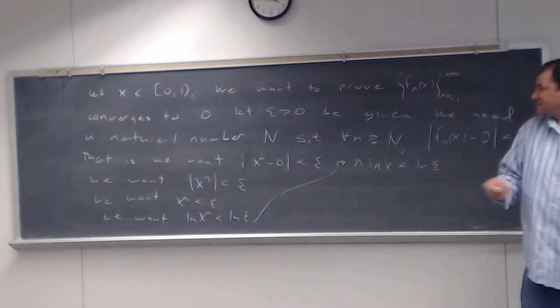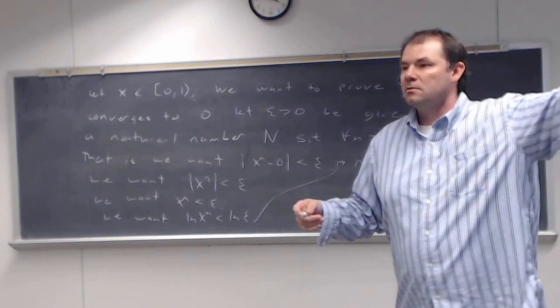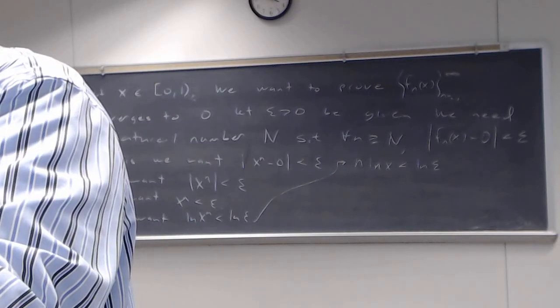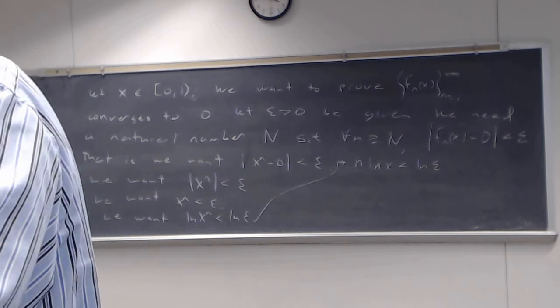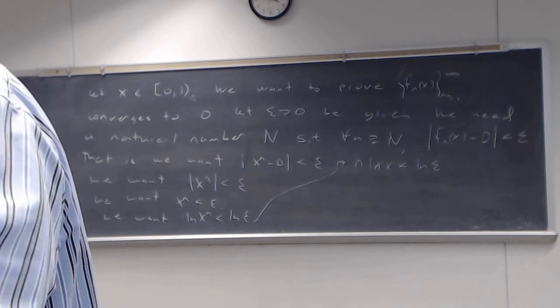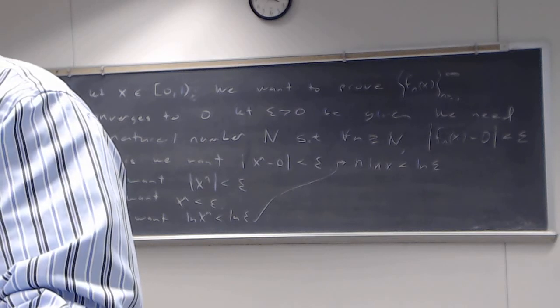And when x is 0, what's f sub n of x? Well, it's 0 to the n. And that means it's always 0. So when x is equal to 0, f sub n always is 0. And so a sequence of constant functions is going to converge to that constant, if we're good with that.